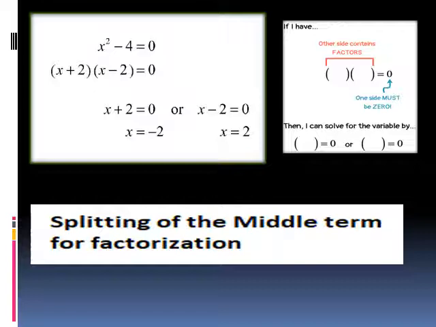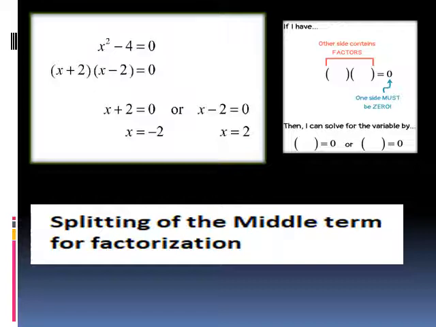Once again, by the property of 0, we get x plus 2 equals 0 or x minus 2 equals 0. Further solving, x is minus 2 or x equals 2, and hence the two roots of the quadratic equation.